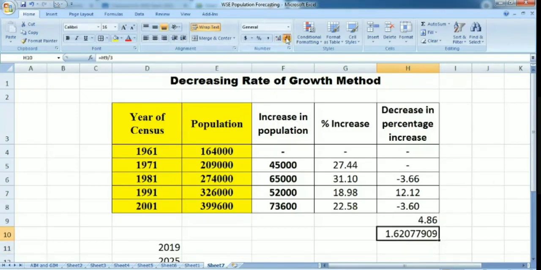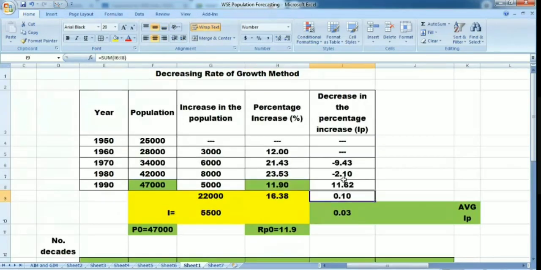So that means I'll be getting 1.62. Okay. Now in yesterday's problem, what did we get? See, we got it as 0.1.